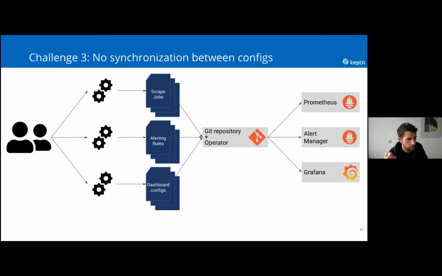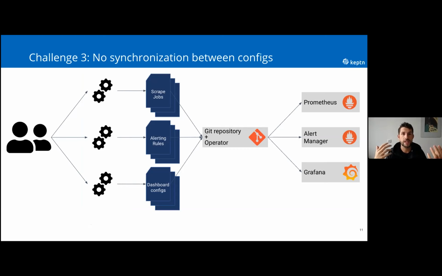Still, one of the main challenges that we're also seeing is those code generators. They are built for different purposes. So maybe one code generator is especially for the dashboard, and the other one is especially for alerting.